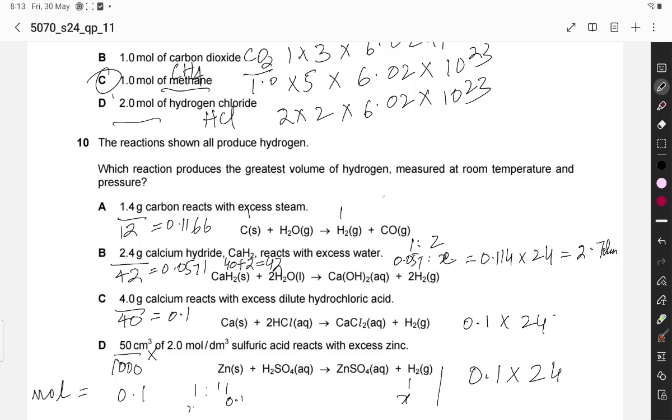The volume of hydrogen is equal to mole into 24 dm cube.